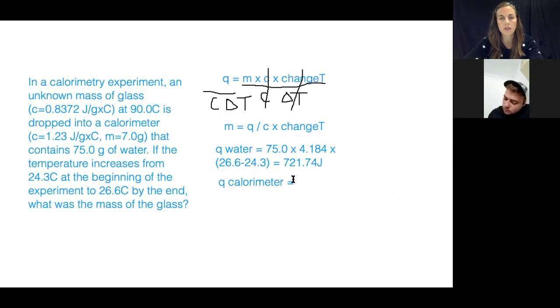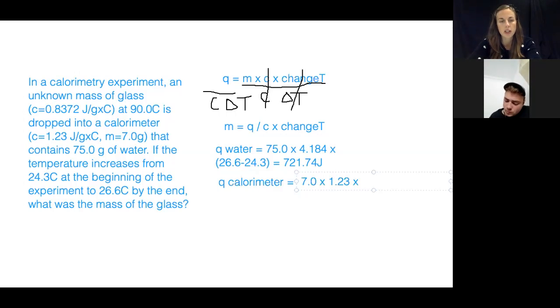All right, so let's find the Q of the calorimeter. Again, I'm going to use this equation that we started with before I rearranged it. So I'm going to plug in the mass of the calorimeter, which they tell me right here is 7 grams, times the specific heat, which they gave me was 1.23. See there, C equals 1.23. Yes, I see it.